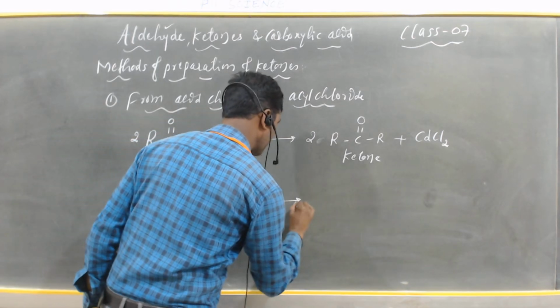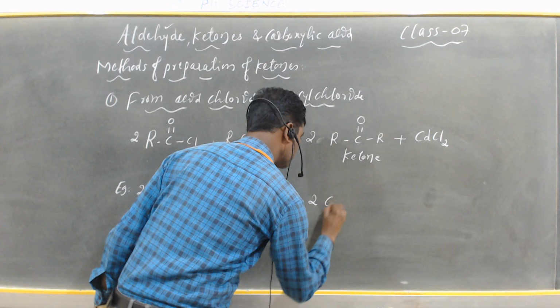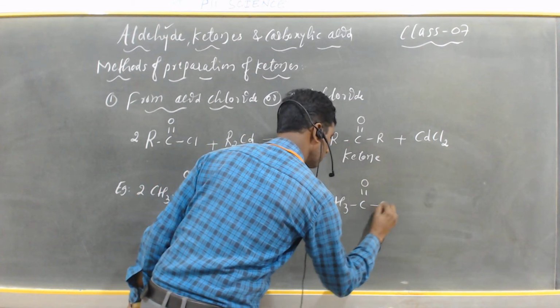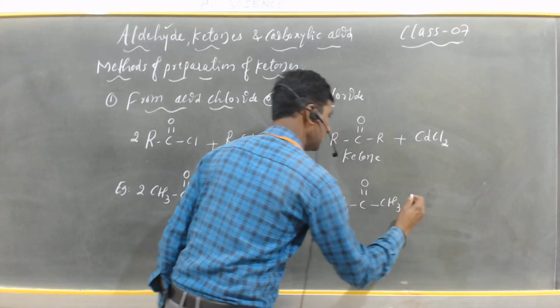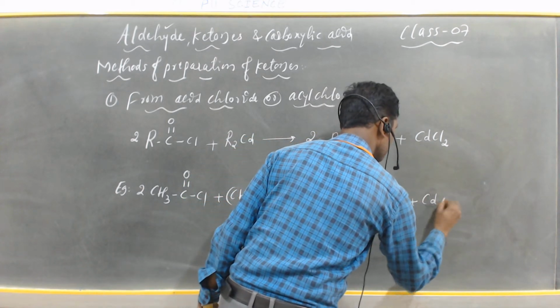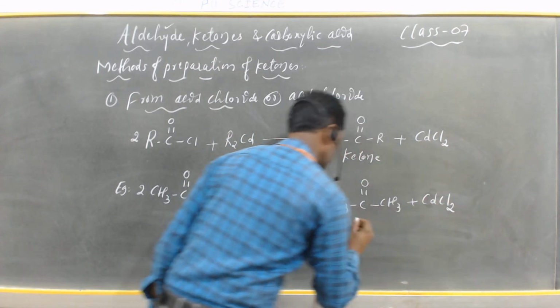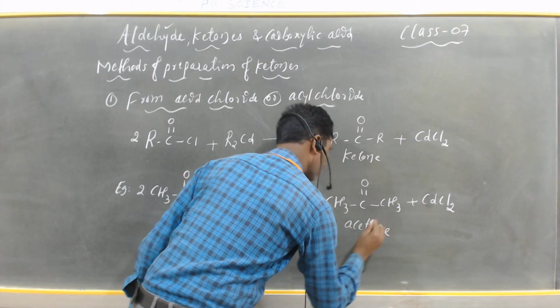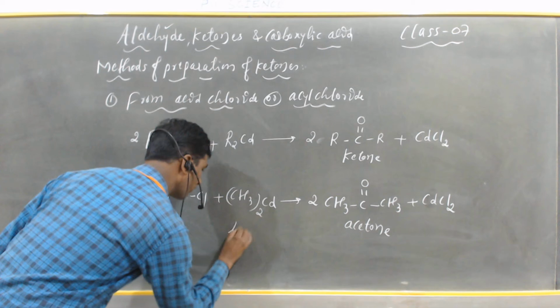This is dimethyl cadmium. It gives CH3 C double bond O CH3 plus CdCl2. This CH3COCH3 is called acetone.